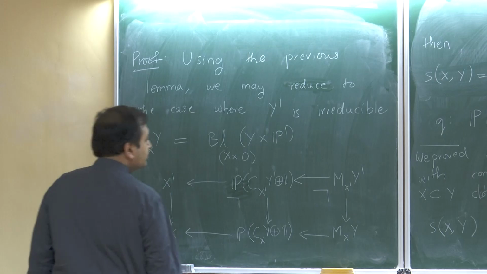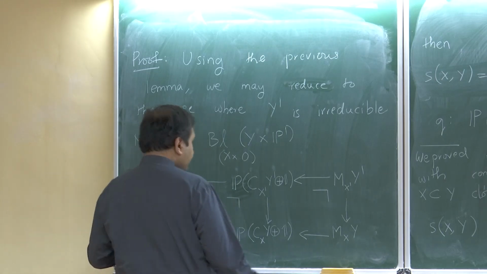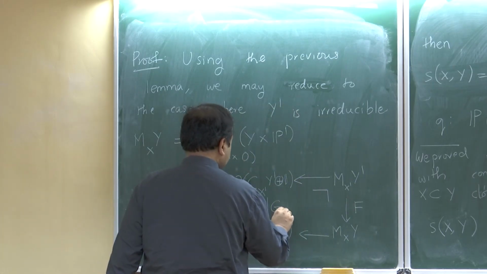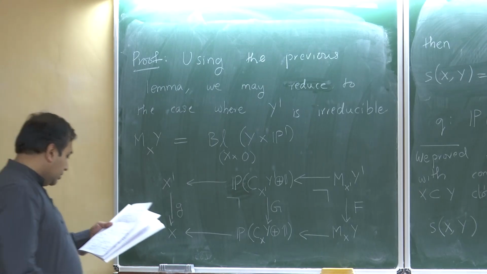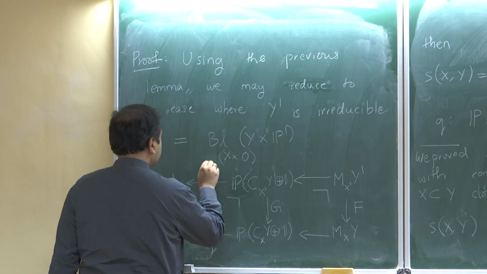Okay, and this is a Cartesian square, and so here also you have x. This is also Cartesian. And so let us label these maps. We'll call this one capital F, this is capital G, this is little g. Let's call this one Q, and this is Q prime.